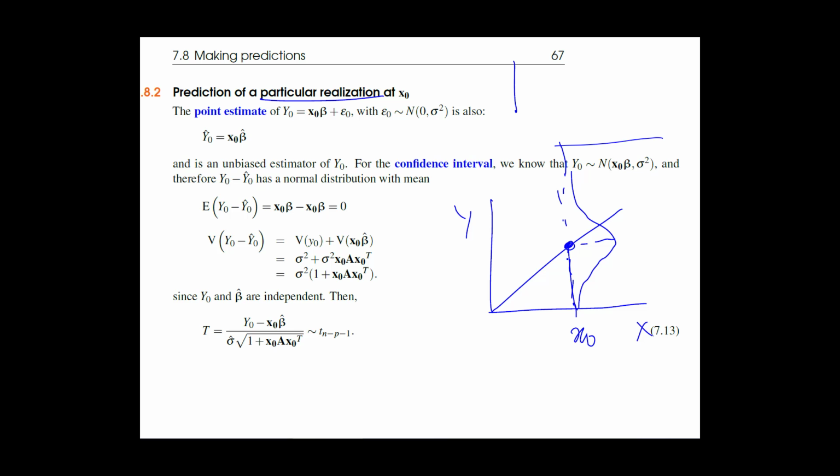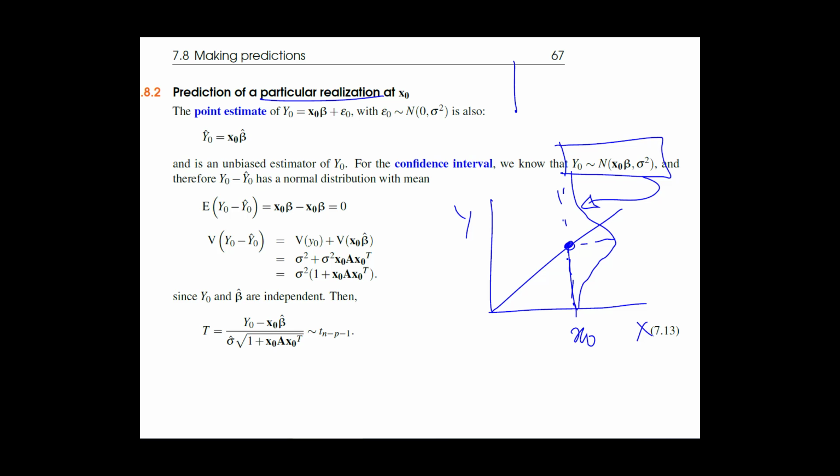This one. Normally distributed with the mean given by the regression line and sigma squared as the variance. At this point we're going to make a prediction drawing from this distribution of Y naught.